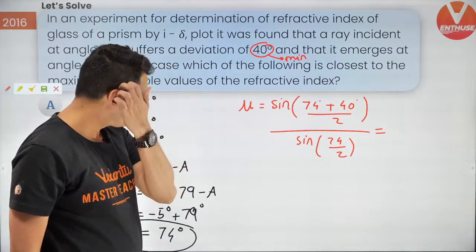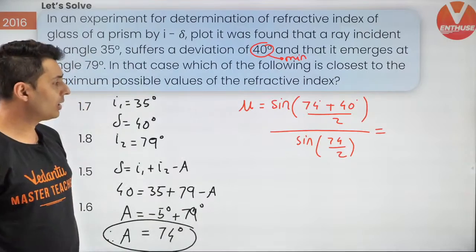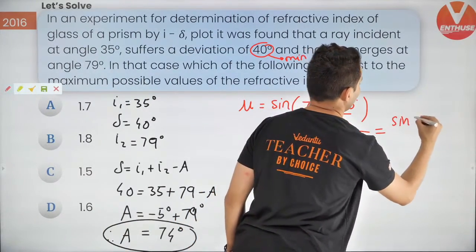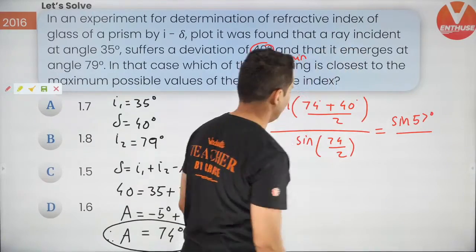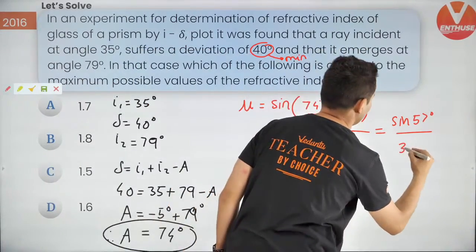Now what will this be? 74 plus 40, guys, come on, 114 divided by 2 is 57. So this will be sine of 57 degrees divided by sine of 74 divided by 2, which is 37 degrees.